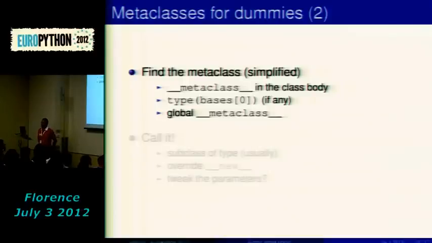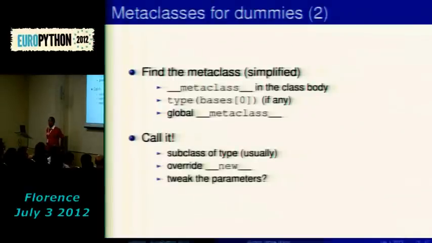I didn't write it in the slide, but if you don't find any of these, you just use the default one, which, well, in Python 2 you usually use old style classes by default. In Python 3 it's type, the default metaclass, and it's also what you get when you inherit from object, because the type of the first base object is type, of course.